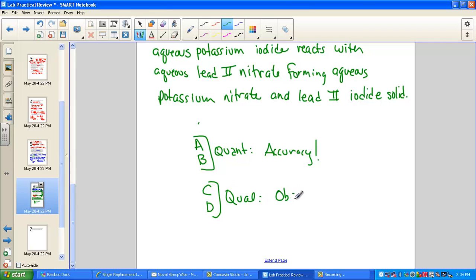It's all about observations, being a chemical detective, being able to write those balanced equations. So think about precision in your measurements for the combo and the decomp. Think about playing chemical detective in the single and the double replacements. And I have every confidence you have an A++ coming on your lab practical.